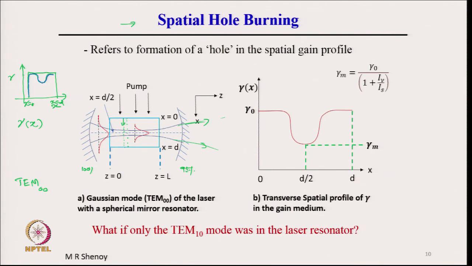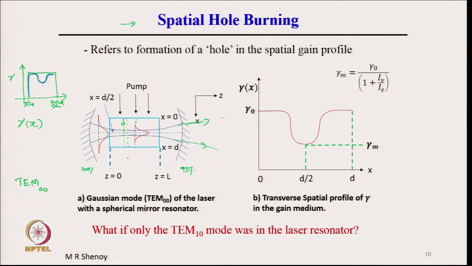This dip would be like the inverse of the Gaussian. So, this is Gaussian and this would be almost inverse, because the higher the intensity, the lower the gain. Far away there is no intensity; the Gaussian is present only in between. This is indeed true in practice.